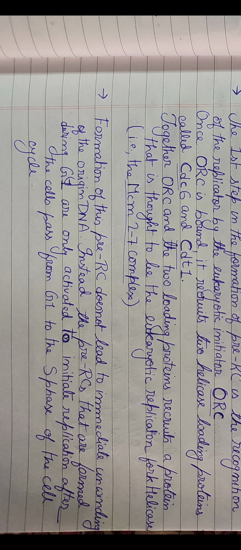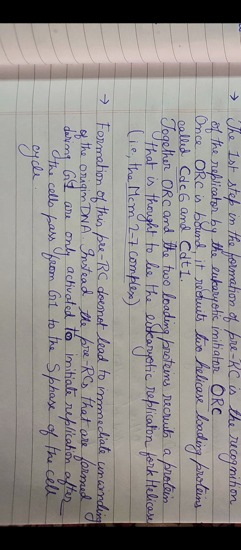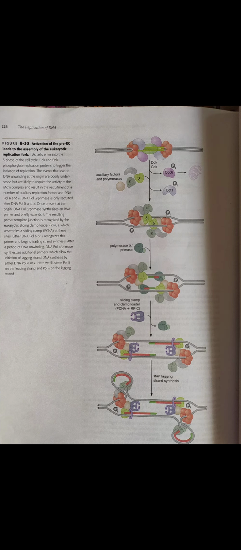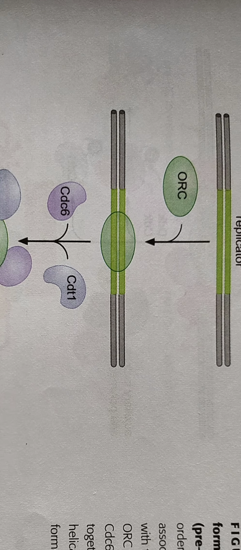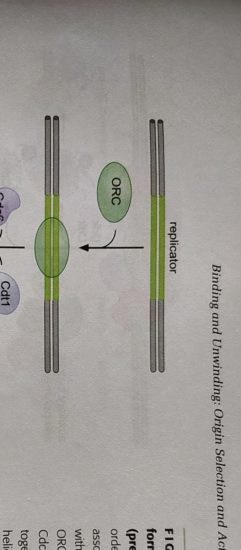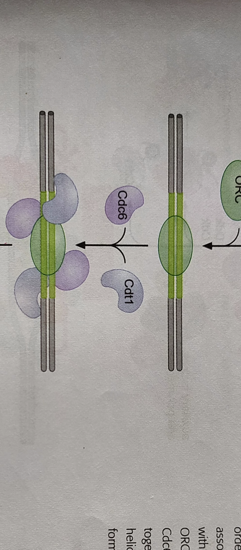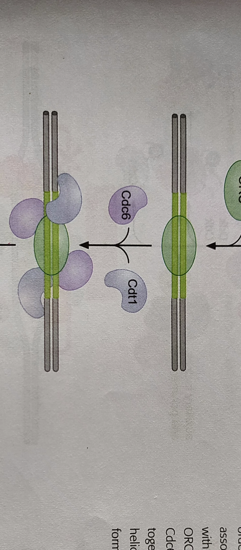Let us see the diagram now of this pre-replication complex. Here one replicator region has been shown. ORC is the first protein that assembles in that replicator region. ORC then recruits the two other helicase loading proteins, CDC6 and CDT1.